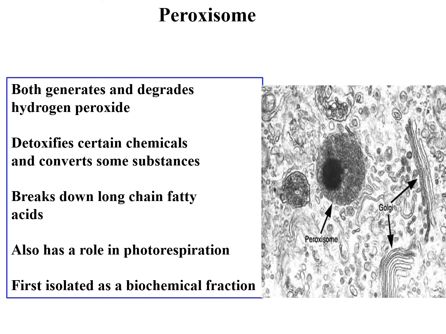The peroxisome both generates and degrades hydrogen peroxide, detoxifies chemicals, converts some substances, and breaks down long-chain fatty acids. It also has a role in photorespiration and some other biochemical reactions.